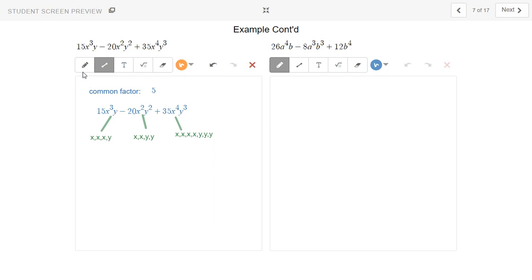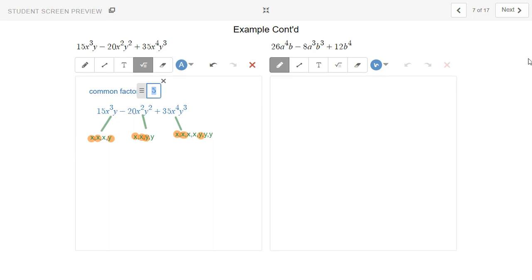Now, looking at this, I see that two x's are common to each of these, and we have one y that's common to all of them as well.